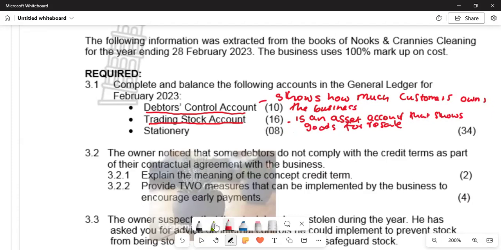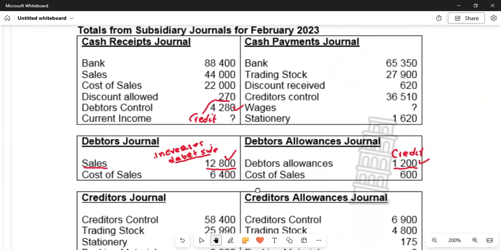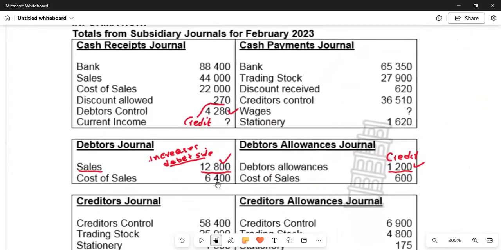That is a trading account. So now we are to come to this information and see how we are going to record our trading stock.